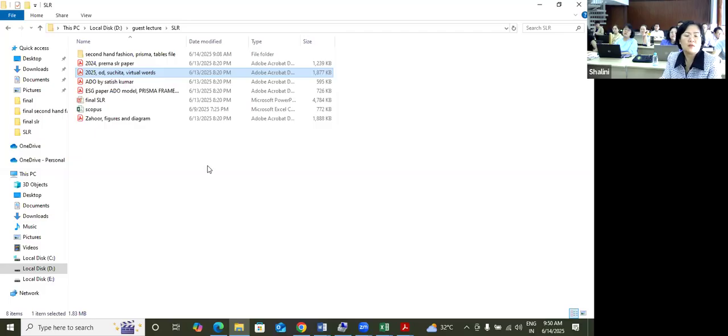So you can write it somewhere in your Word files or in your whatever notes you are making. So what are the 3 papers you need to follow when you're writing your research methodology section? So this will give you an overview. It's a very elaborated way of doing the research methodology section, right? So I hope it is clear to all. Any questions, any queries till now?